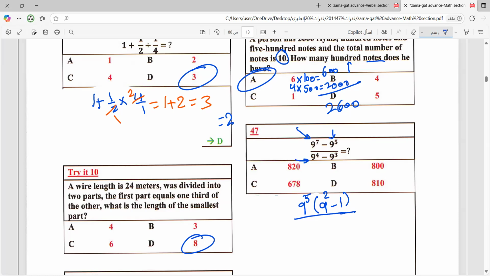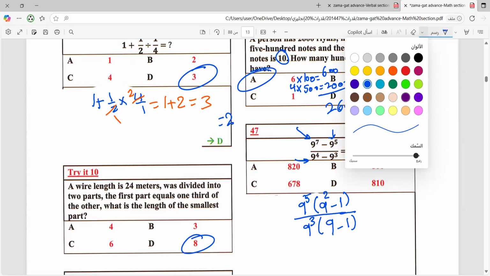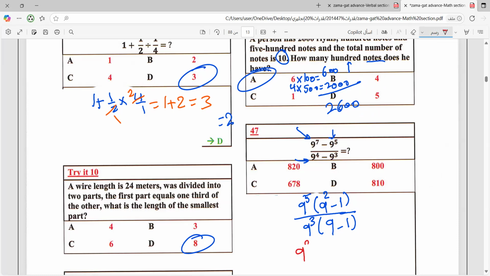Also here, you take the common factor. Then the remainder will be 9 minus 1, because 3 minus 3 will be 9 to the power 0, and 9 to the power 0 is 1. Now we can simplify. 9 to the power 5 with 9 to the power 3, you subtract the exponents. So 5 minus 3 is 9 to the power 2.